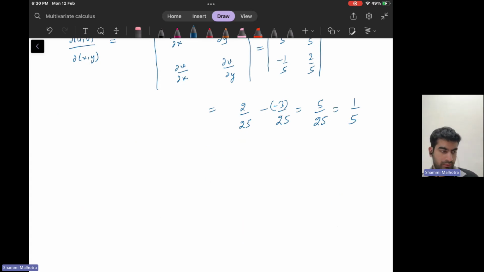Okay, so now let us move on. We saw how to evaluate the tangent plane and the normal lines for any level surface given to us, and we evaluated these quantities in theory.